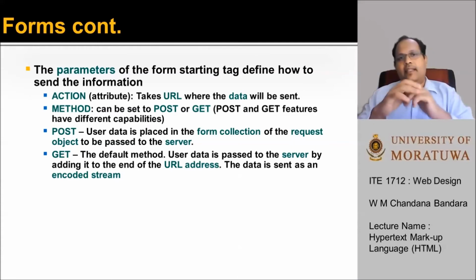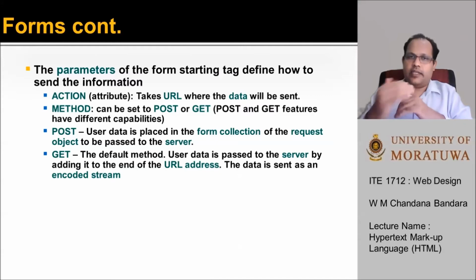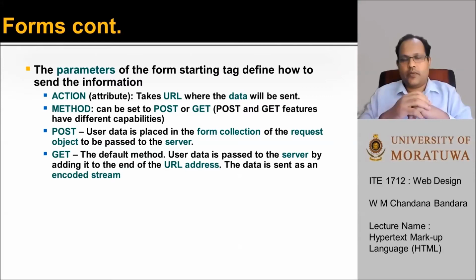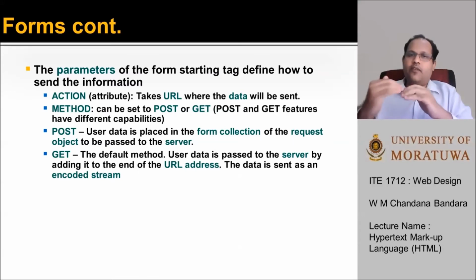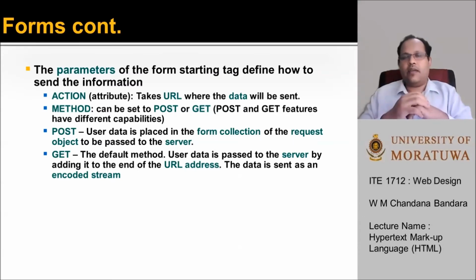Now we have created the HTML form. We could see how we can send users' inputs to a particular target. And also we have observed we can specify that target by providing the action attribute. In addition to that, we could specify the way the information should be passed. There were two methods that we have used.